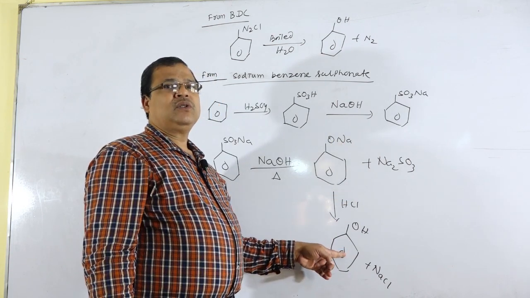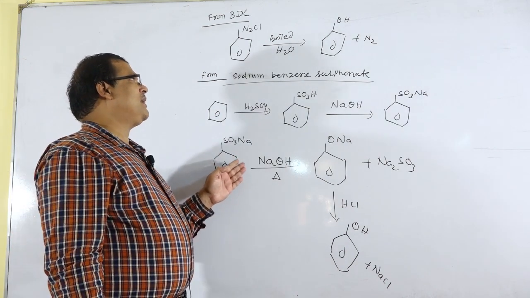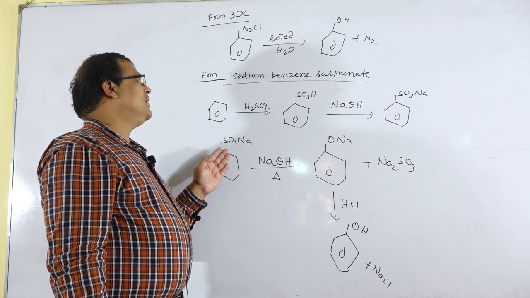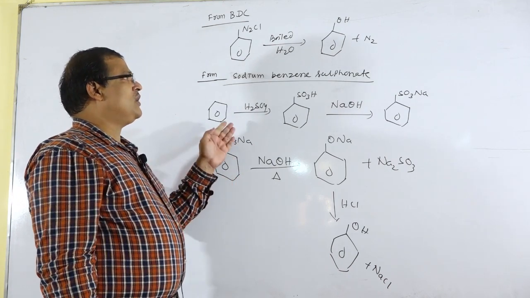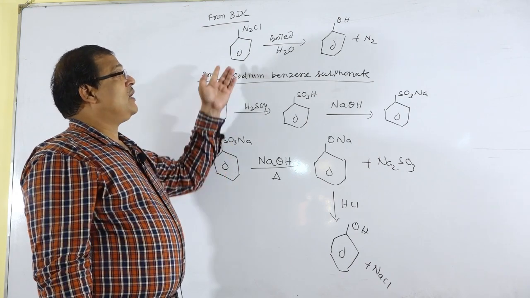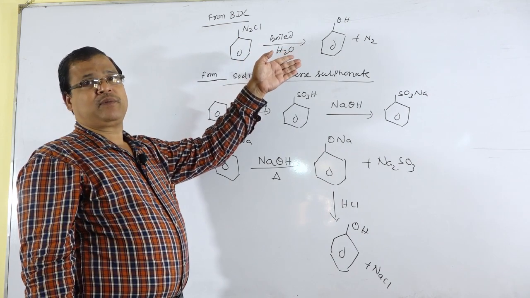So these are the different methods for the preparation of phenol. The very important method is from sodium benzene sulfonate, then boiled water from BDC, and also the Dow process. In the Dow process, we take chlorobenzene treated with NaOH, and there is the formation of phenol.